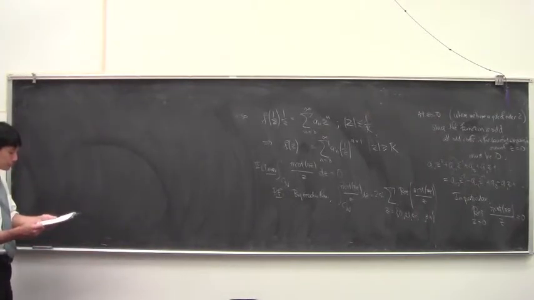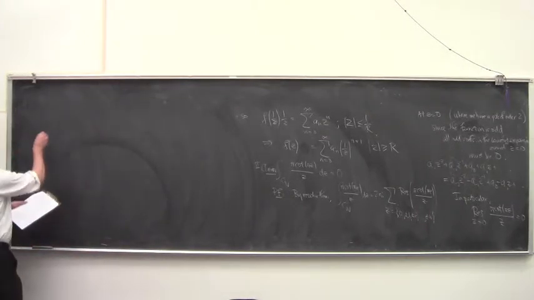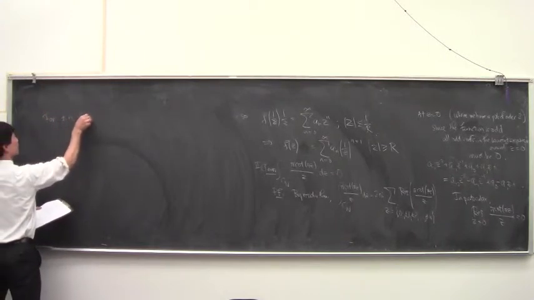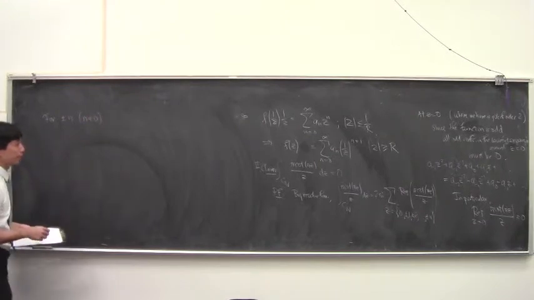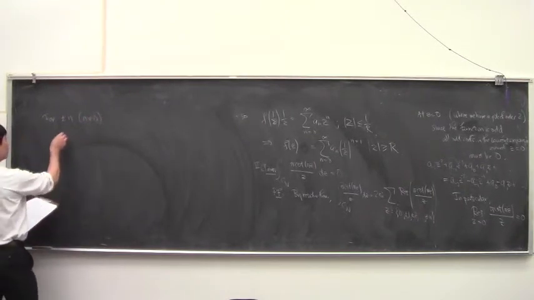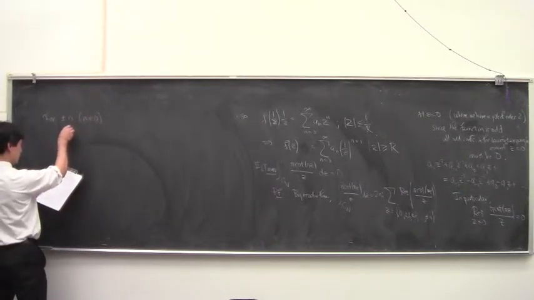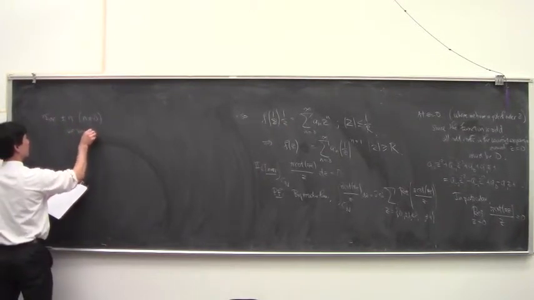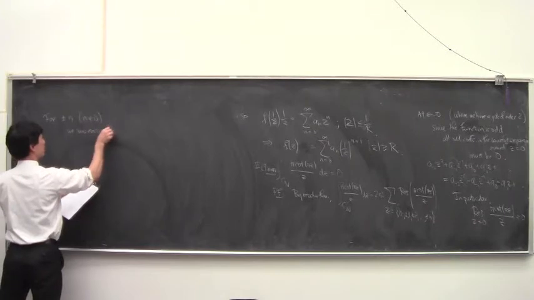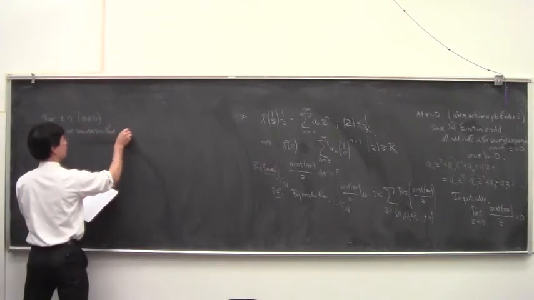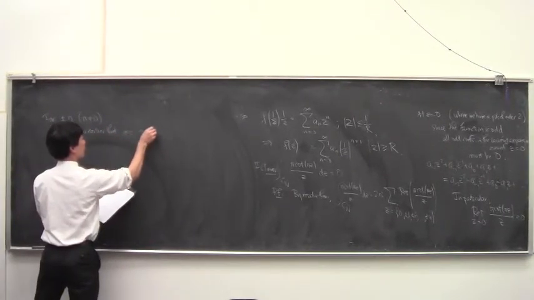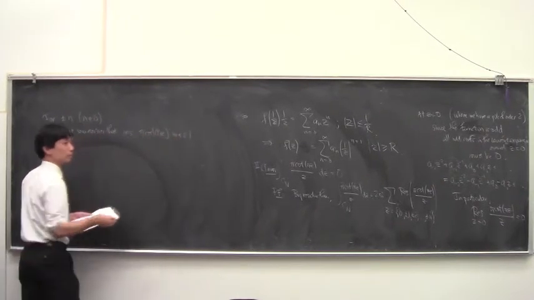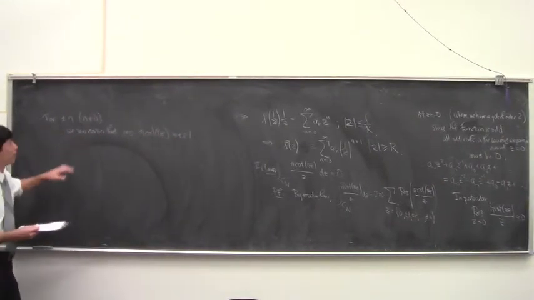Now for the other guys, for plus or minus n not equal to 0, we saw earlier that the residue of pi cotangent pi z was 1 at each one.